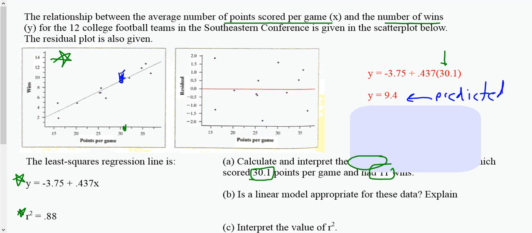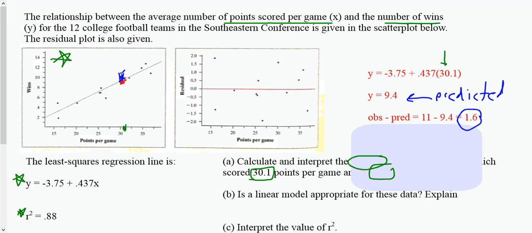In other words, that's the value you would have gotten right there on that line itself. Now that's different than the actual value, because they said it was 11. So order matters: observed minus predicted. 11 is the observed value, they actually won 11, take away the 9.4, which is the predicted value of wins, and you get 1.6. Now 1.6 represents the residual, or the error.